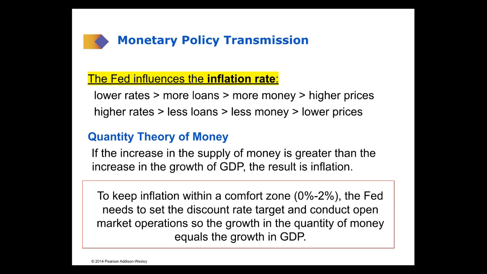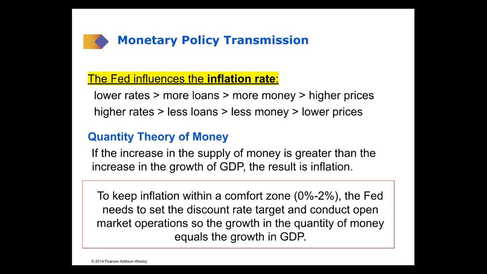When there's more reserves, there's more loans. When there's more loans, there's more money, and when there's more money, there's higher prices. So if they think inflation is too low, or maybe there's deflation, and they want to have inflation within the comfort zone, they have to have prices go up to do that. Well, then they start out by lowering rates, conducting open market operations to put reserves into the banking system, and then the system takes over from there by having more loans, more money, and higher prices.